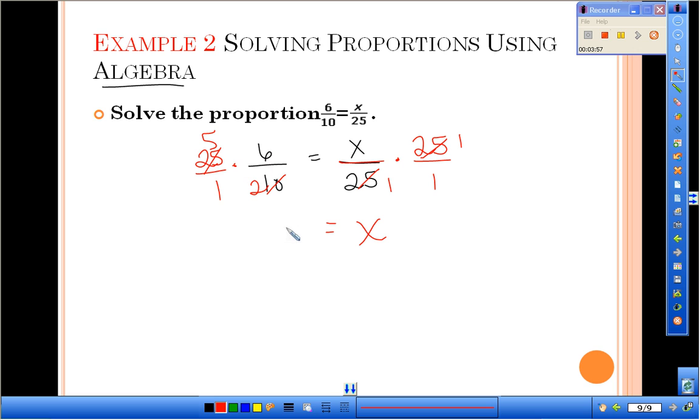So 5 times 6 will give you 30, and 1 times 2 will give you 2. 30 divided by 2, remember that's first come, first served, so the 30 would go in the house, the 2 would go outside, is 15. So x equals 15.